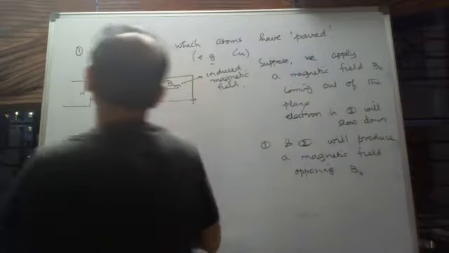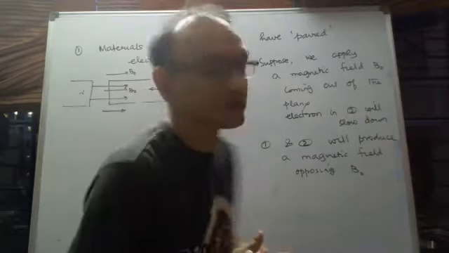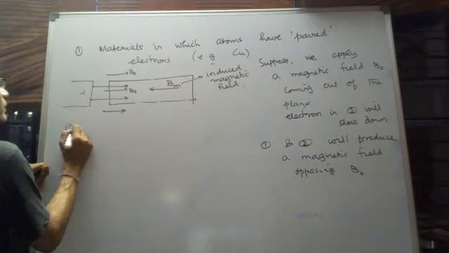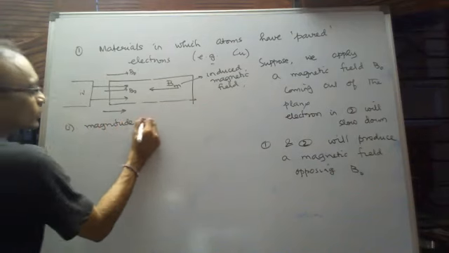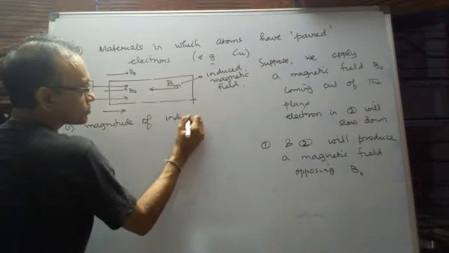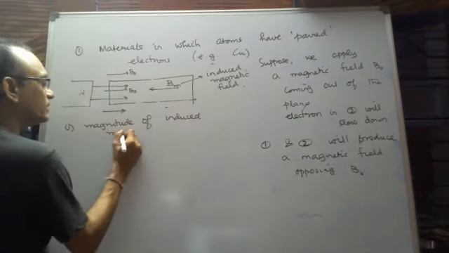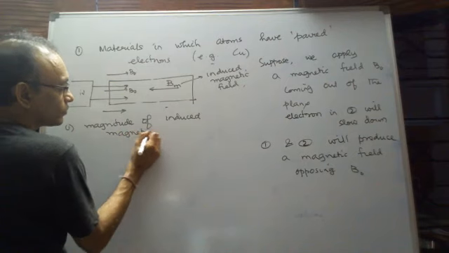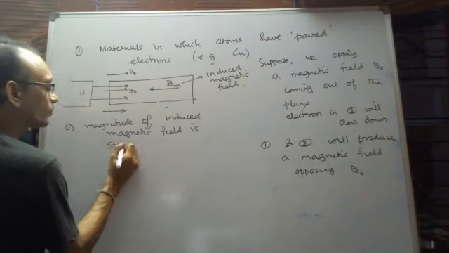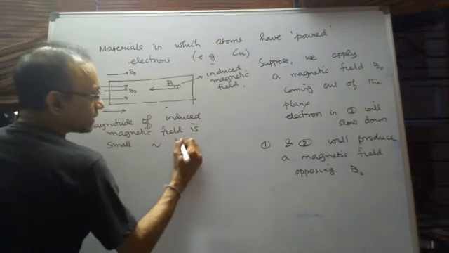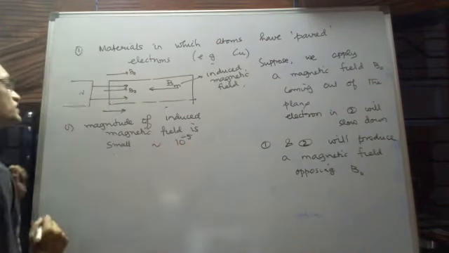So two things will happen. One, magnitude of Bm, the induced magnetic field, is small, of the order of 10 to power minus 5 SI units.